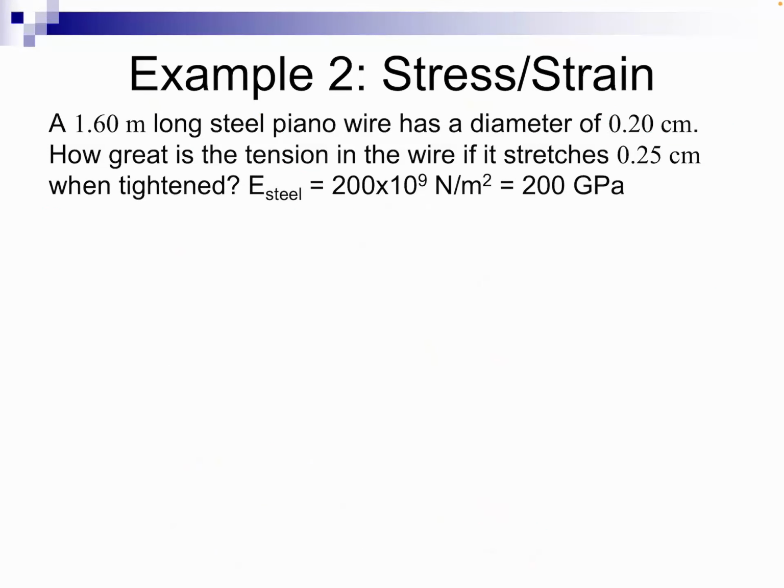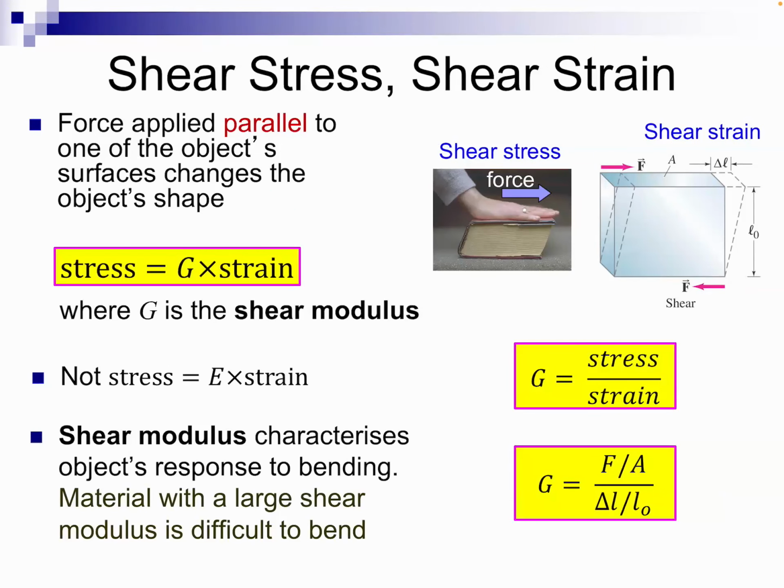If we look at shear stress and shear strain, the definitions are still the same. The only difference is that the force applied is parallel, but shear stress is still defined as force per unit area, and the corresponding strain is still change in length delta L over original length L0.